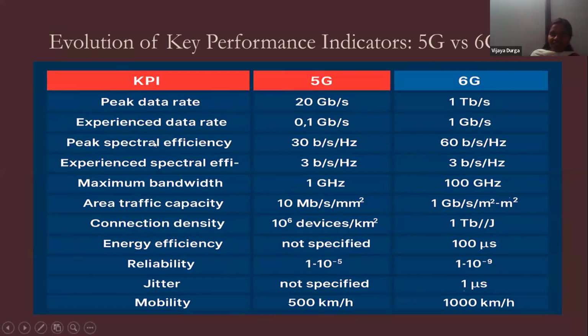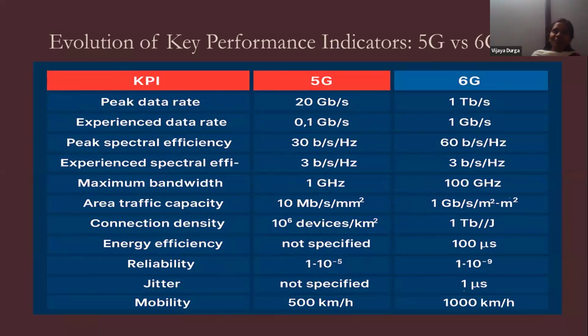Whatever the allocated spectrum is, you need to use it effectively. That is called spectral efficiency. So the peak spectral efficiency is 30 bits per second per hertz, and here 60. So the spectral efficiency of 6G is expected to be very high. And then the experienced is 3 bits per second per hertz, and the maximum bandwidth is 1 gigahertz, and for 6G it is 100 gigahertz.